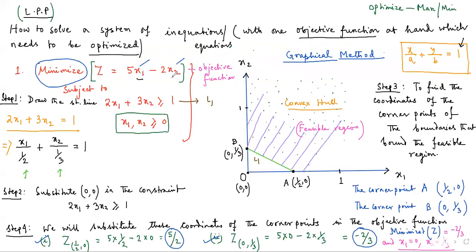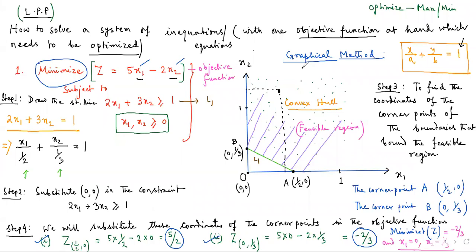The value of x1 and the value of x2. If I take this point, obviously this point will have some coordinate. If you substitute this coordinate in the objective function, you will get some value of z. Say this value is z1.